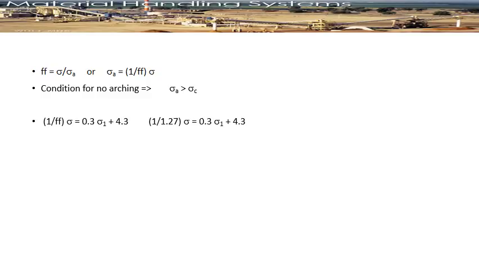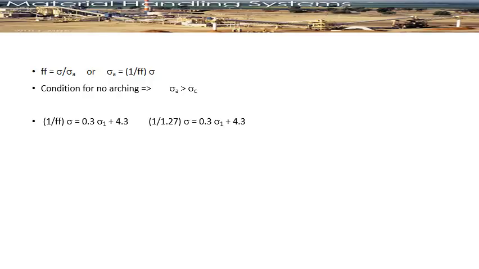Then we use the equation we had, substituting the value for sigma A, which is equal to sigma divided by this flow factor, and is equal to 0.3 sigma 1 plus 4.3. By substituting the value of FF of 1.27, we have sigma divided by 1.27 is equal to 0.3 sigma 1 plus 4.3.